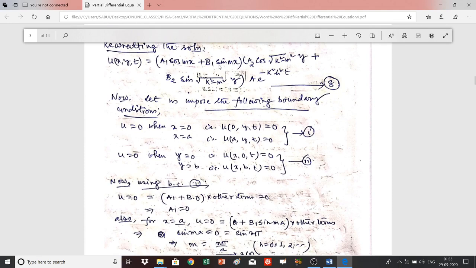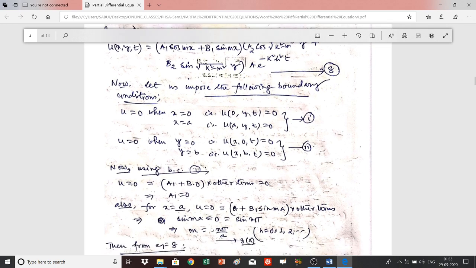So from this term, b1 sin m into a would be equal to 0, because all these other terms are constant with respect to x. So from here you can write that sin ma is equal to 0, that means sin n pi. So from here m is equal to n pi by a, n is equal to 0, 1, 2, 3, etc., an integer.